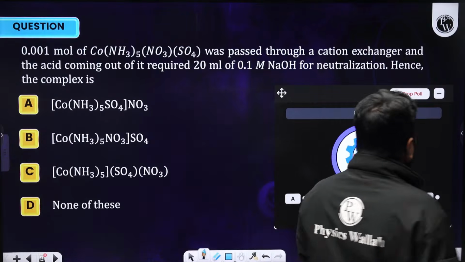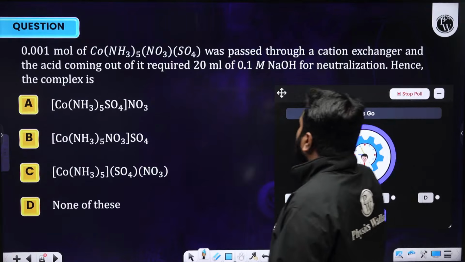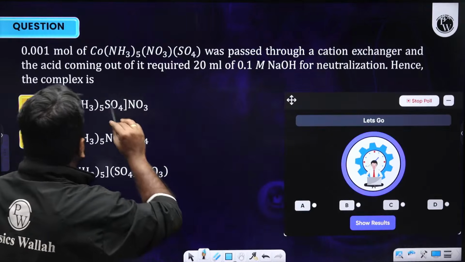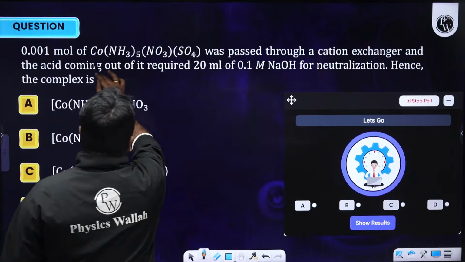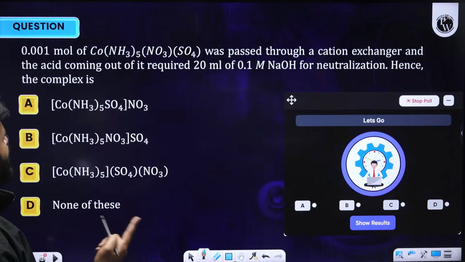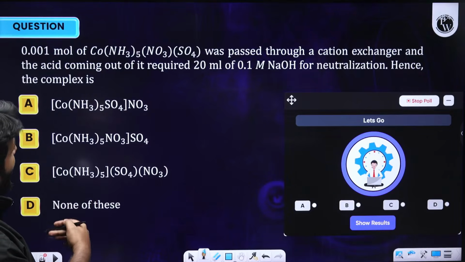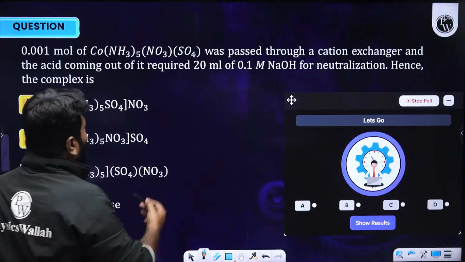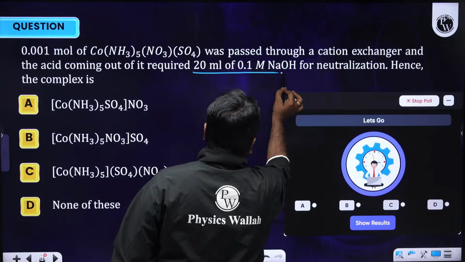Quick, what will be the answer? Think. 0.001 mole of this complex was passed through cation exchanger, so the cation will be exchanged. The acid coming out of it required 20 ml of NaOH.